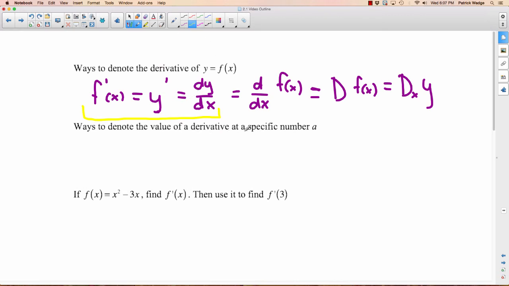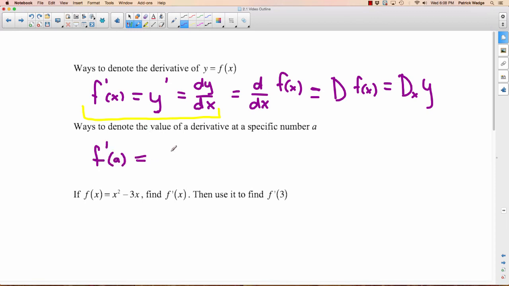Ways to denote the value of a derivative at a specific number. So this is like your general derivative. How would you guess that you denote the derivative at the point that has an x value of a? Well, this one's pretty easy. You would do f prime of, you wouldn't put x, you'd put a.